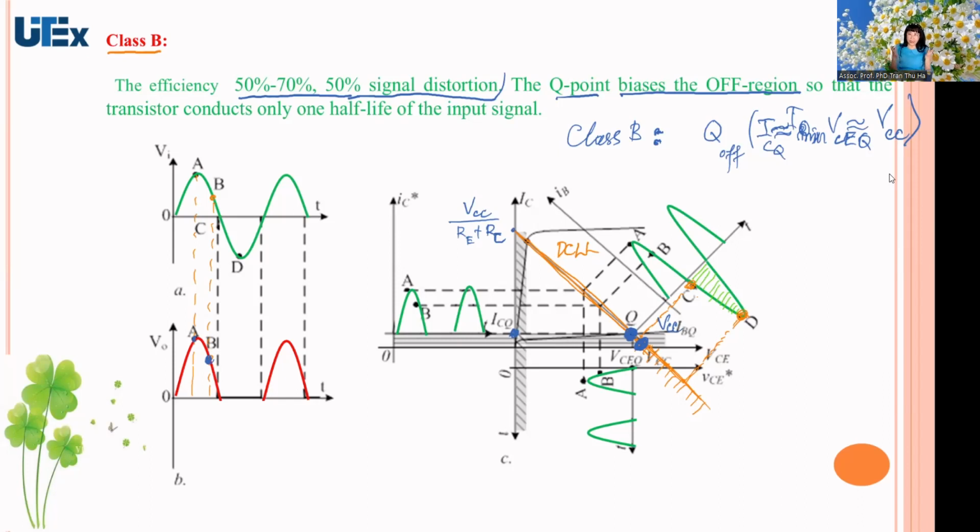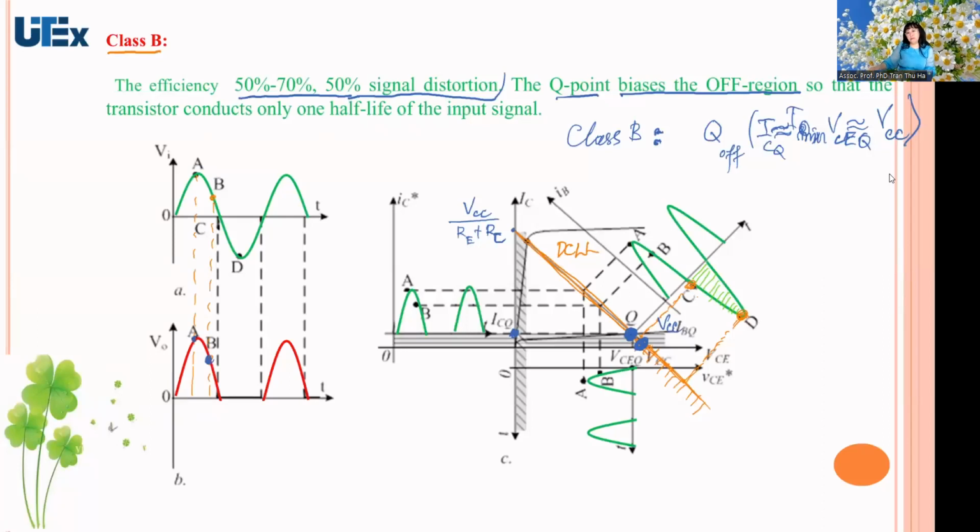The system has the output power energy in class B. Class B has 50% distortion and a larger coefficient of efficiency, from 50% to 60%.